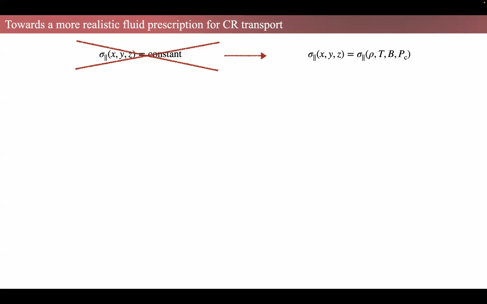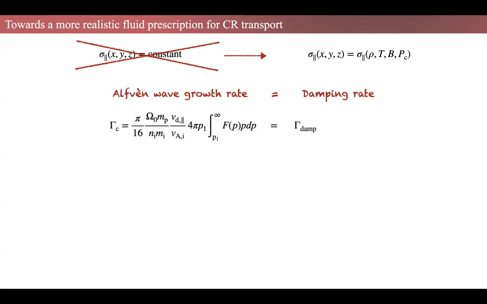Now we compute the scattering coefficient sigma, assuming that the growth of the alpha waves is balanced by damping processes that cause these waves to dissipate. So we set the alpha wave growth rate equal to the damping rate, and we compute sigma from this equivalence.